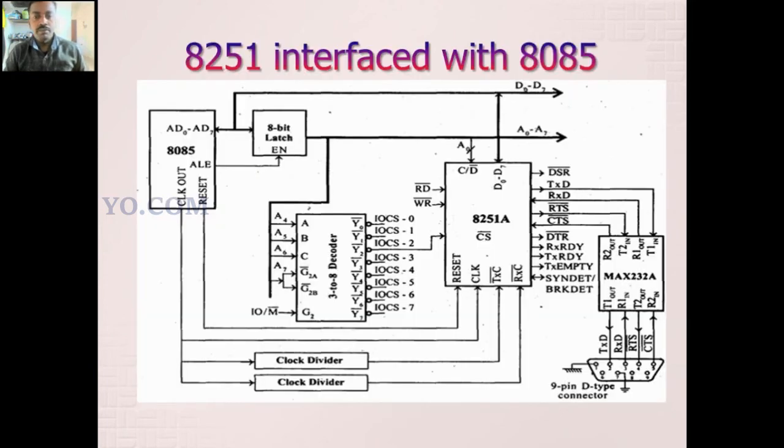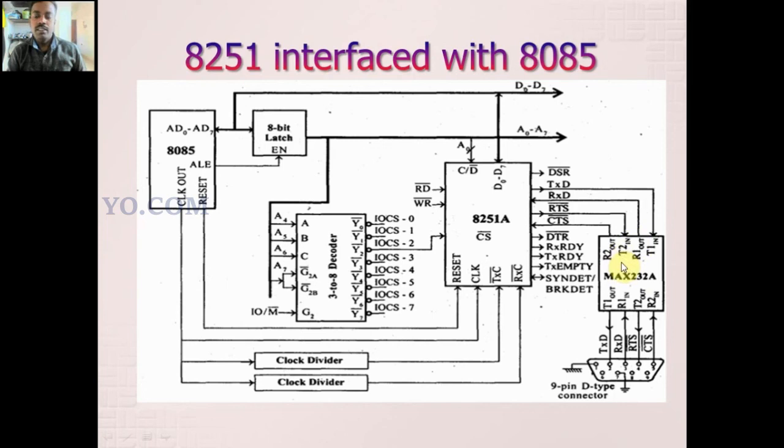So this is the 8251 interface with 8085. Based on the diagram, the 8251 is interfaced with the 8085, and the 8251 is connected to the MAX232. MAX232 is a serial port driver IC.